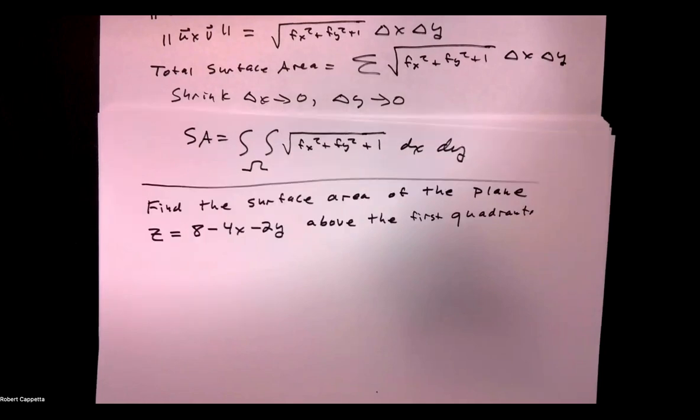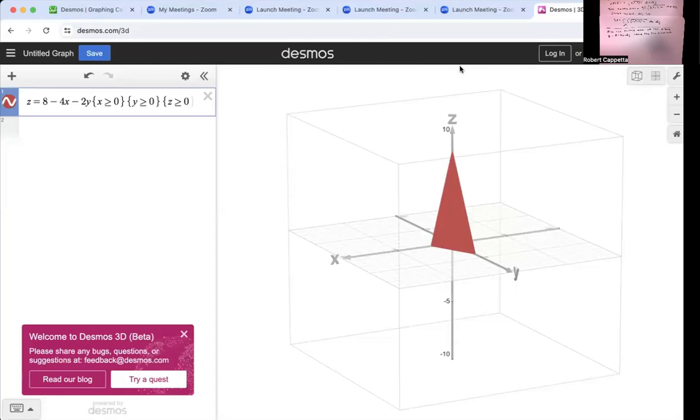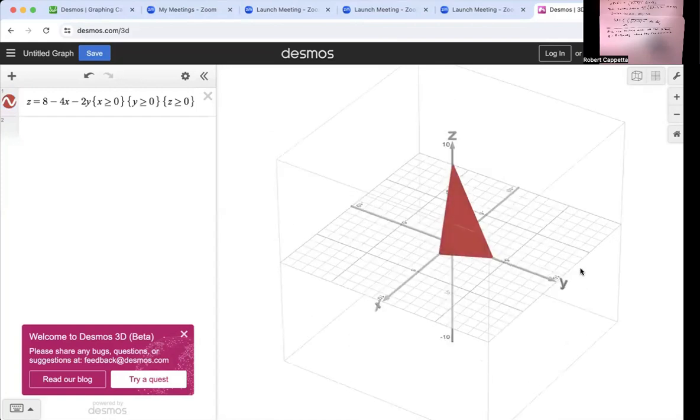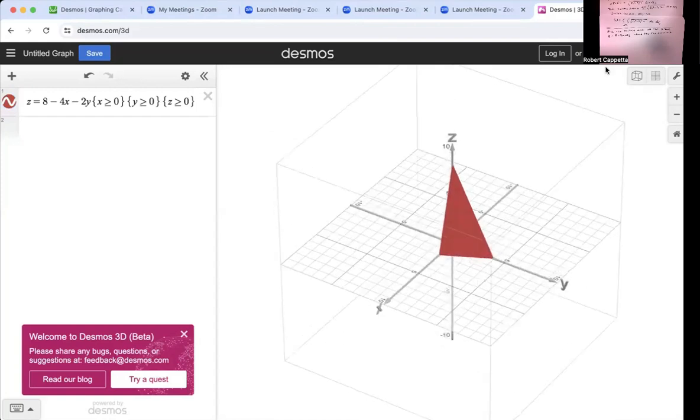And let's use it to solve the following problem. So our question is to find the surface area of the plane z equals 8 minus 4x minus 2y above the first quadrant. But let's try to visualize that. So here is that portion of the plane in that first octant. So I need to determine what is my region of integration.